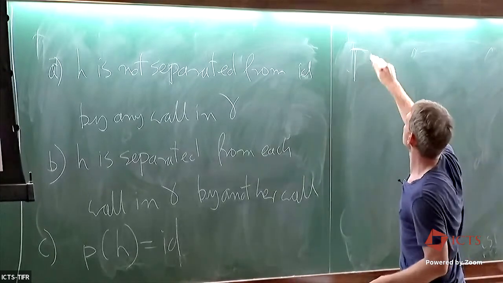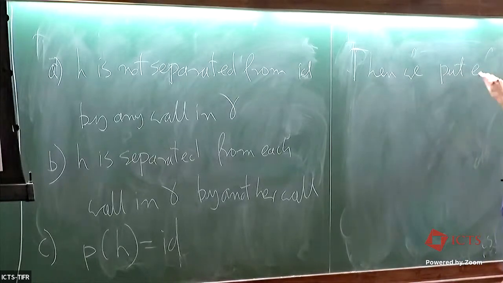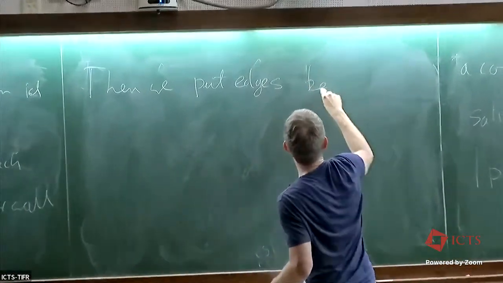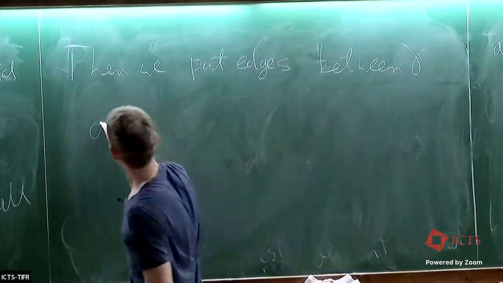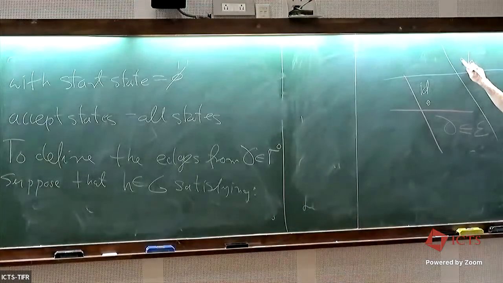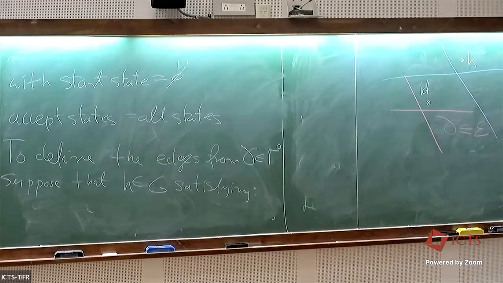Then we put an edge, or maybe even several edges, between gamma and we put an edge between the configuration of red walls and the configuration of blue walls, but translated by H inverse, so that this point is moved to identity.